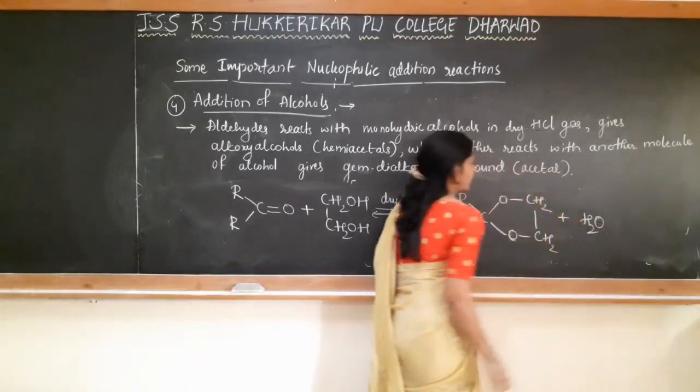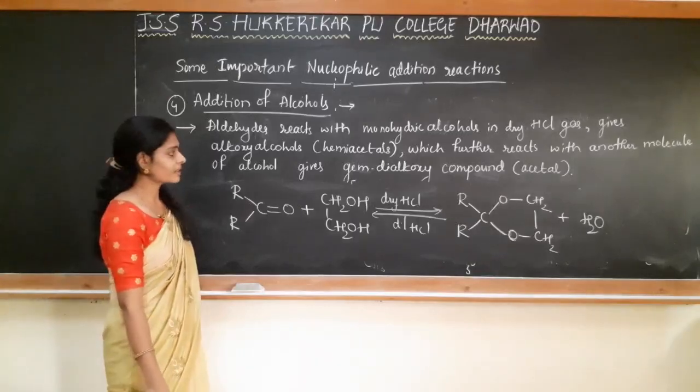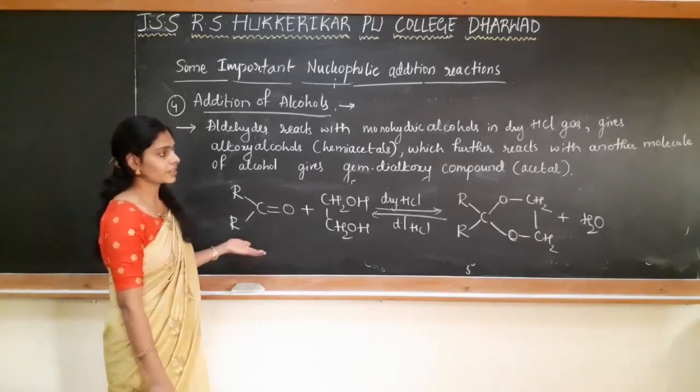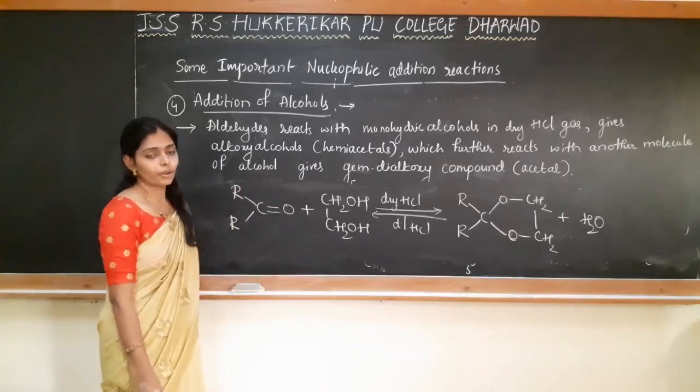So like this, when an aldehyde is treated with alcohol, there is usually formation of a hemiacetal in the first step, and on further reaction it gives an acetal. When a ketone is treated with alcohols, there is formation of ketals.